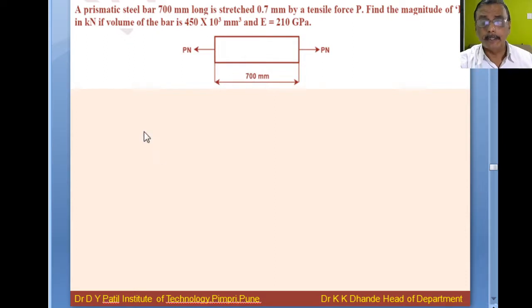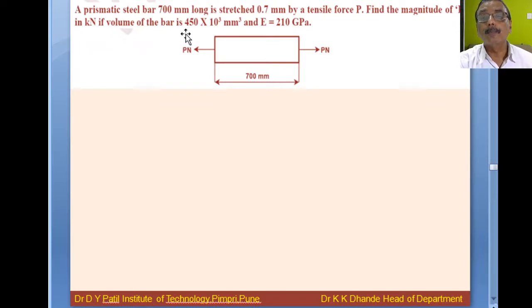Now concentrate here. The prismatic steel bar's length is given, 700, and it is stretched 0.7 mm. Stretch means elongation, or change in length, by a tensile force P. P is unknown, in Newton. We have to convert the answer into kilonewton.